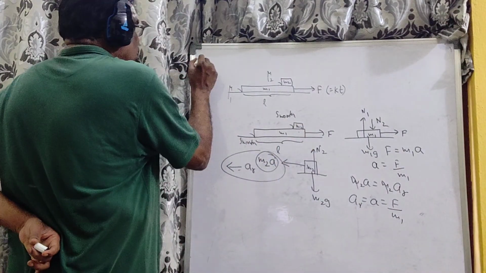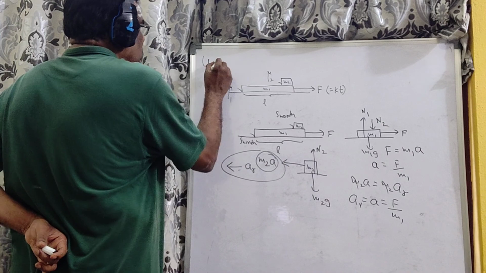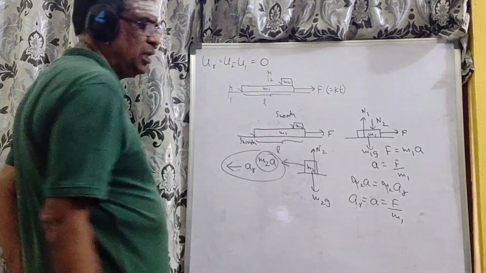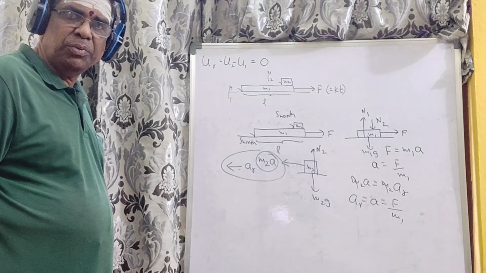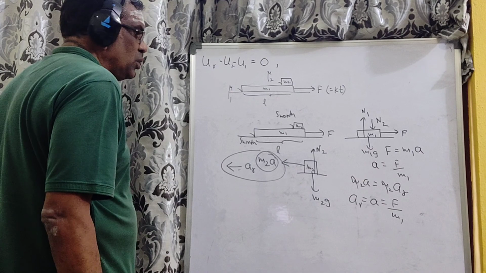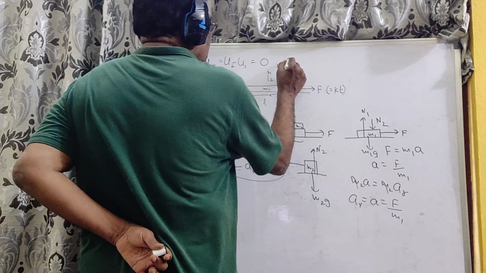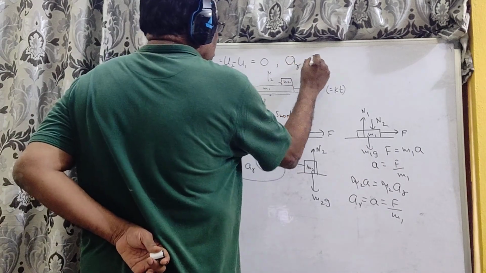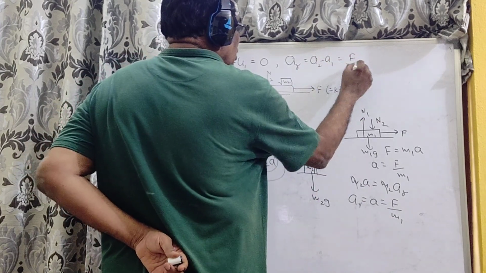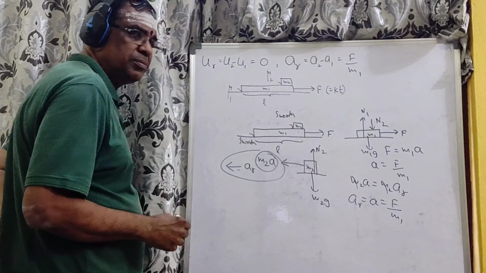What is the initial relative velocity? U2 minus U1, 0. I hope you are understanding this, right? U2 minus U1 is equal to 0. And what is AR? That is obviously A2 minus A1 is equal to F by M1.